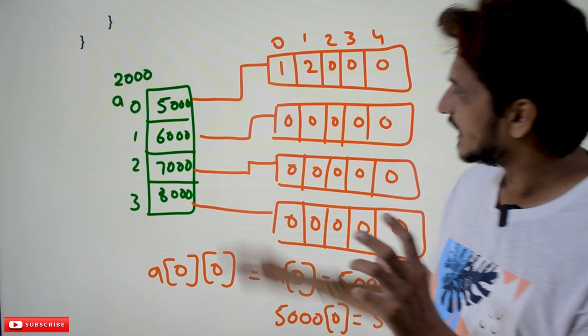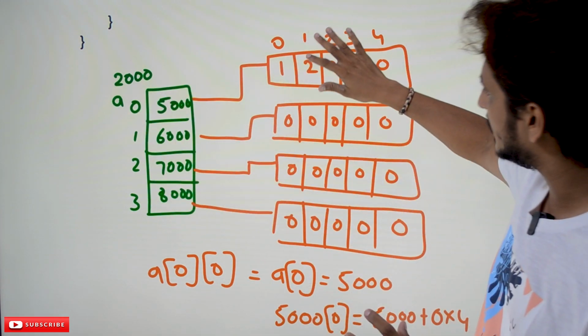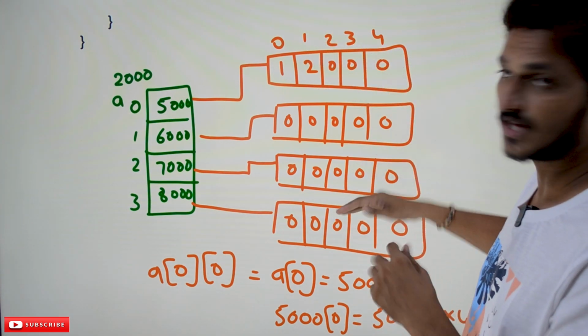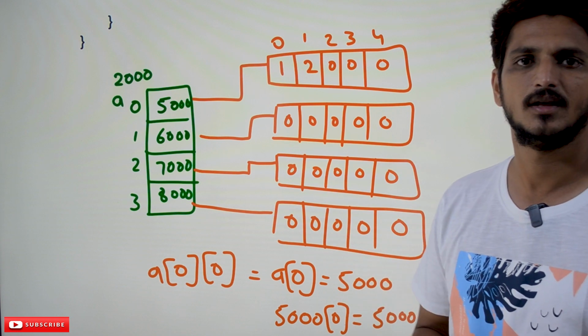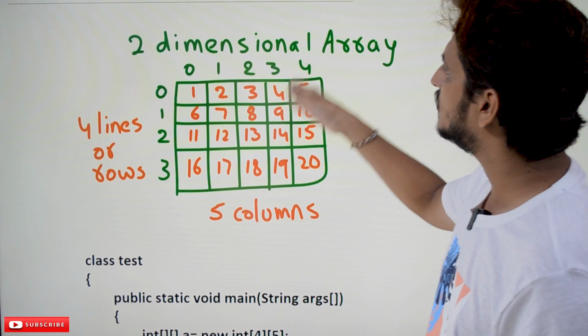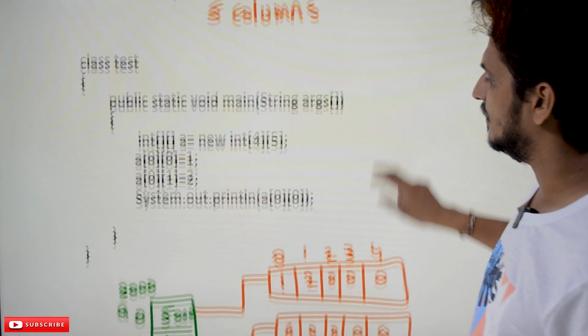So it is going to take an array of size 4 elements and arrays of size 5 elements. How many arrays is it going to take? 4 arrays of size 5 elements. Why 5 elements? Because how many columns are needed? 5 columns are needed. That's why it is going to take arrays of size 5 elements.